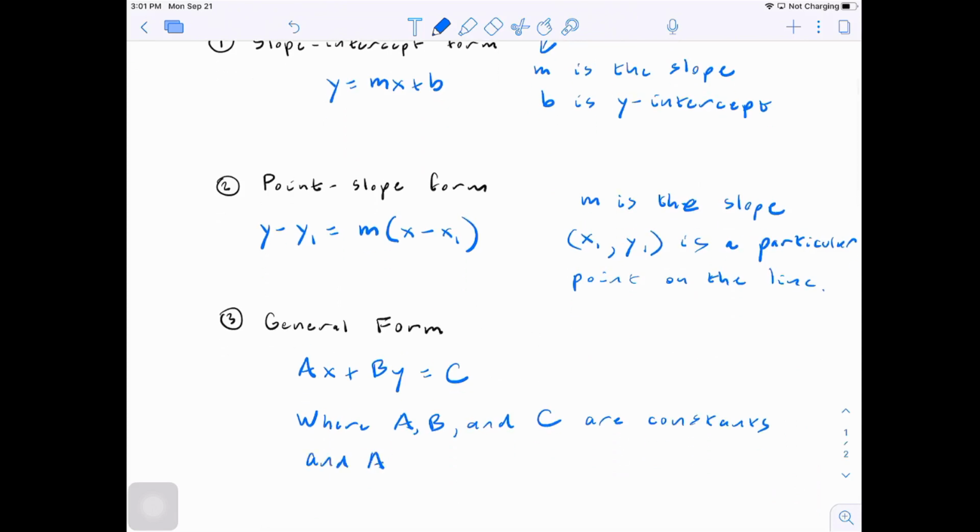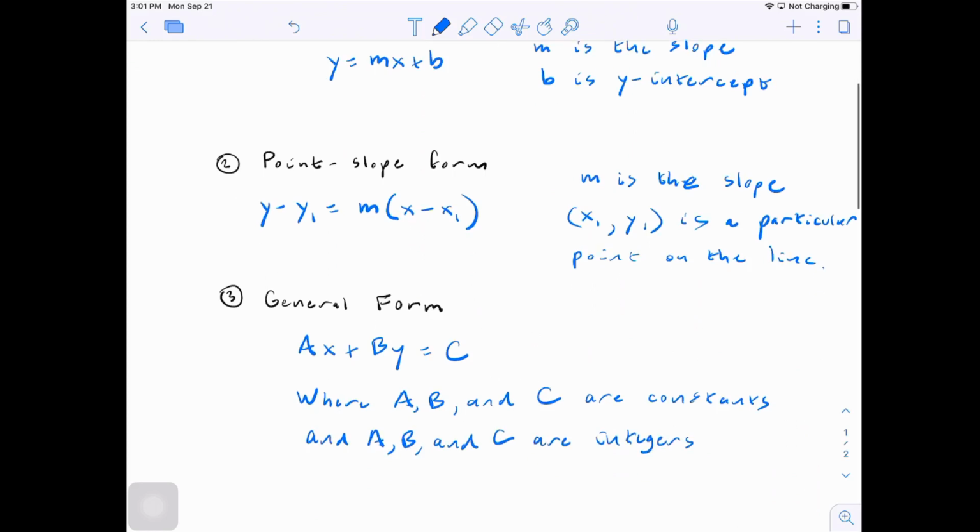And a, b, and c are integers, otherwise known as whole numbers, right? Whole numbers when possible.